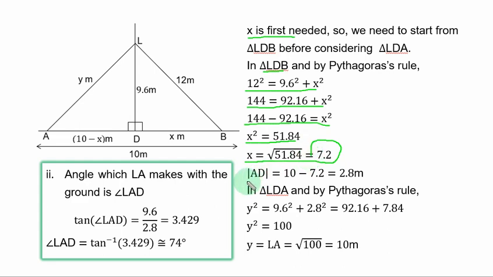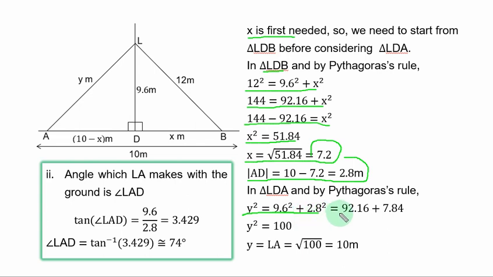What we actually need is AD, but BD is needed first. So AD is equal to 10 minus BD, 7.2, and that is 2.8. We can now consider triangle LAD, and by the same Pythagoras rule, you have the longest side, that is y squared, equal to the sum of squares on the other two sides, that is 9.6 squared plus the square of AD, that is 2.8.